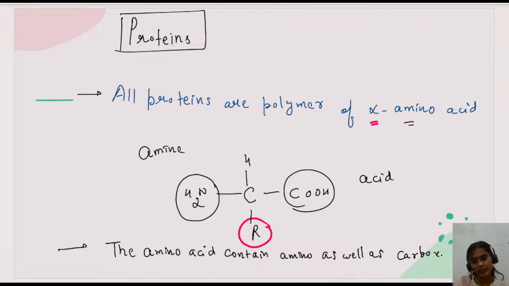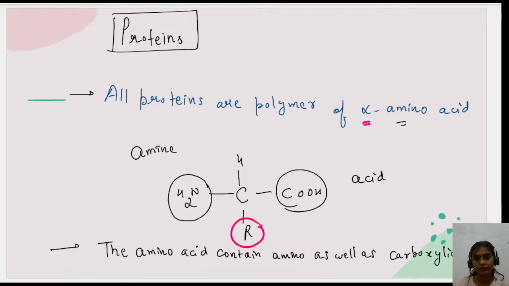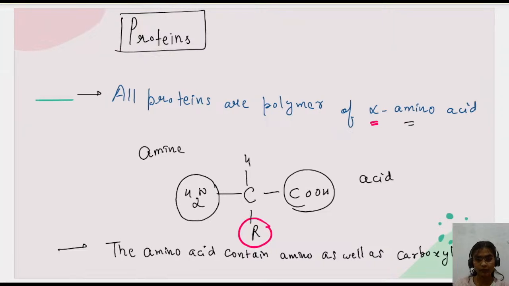Both can be present here. I guess it's visible now. So this is the carboxylic part. That is the third point. I'm writing the third point at the very top.